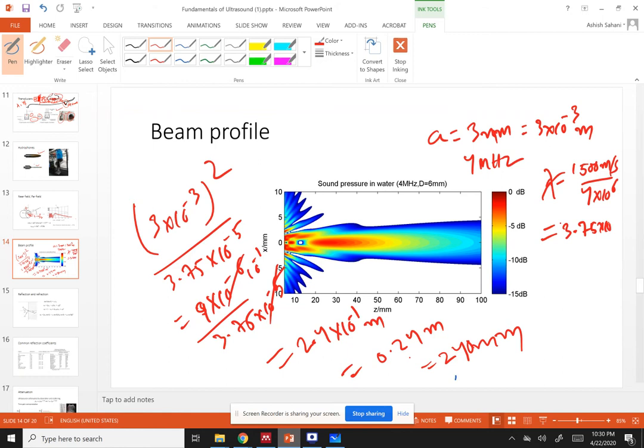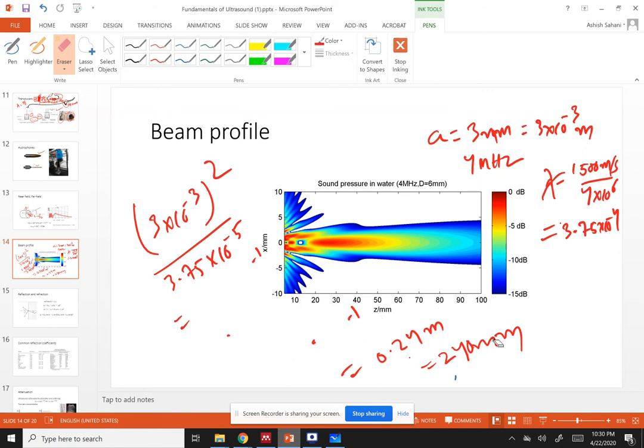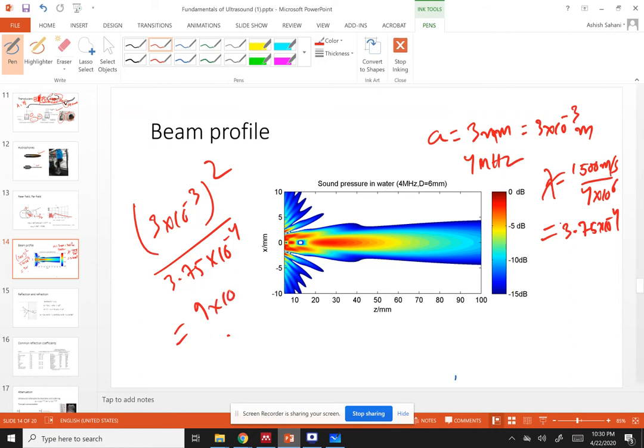So here I now have to put 3.75 into 10 to the power minus 4 as the denominator, and the numerator is 9 into 10 to the power minus 2, that is in meters, divided by 3.75.